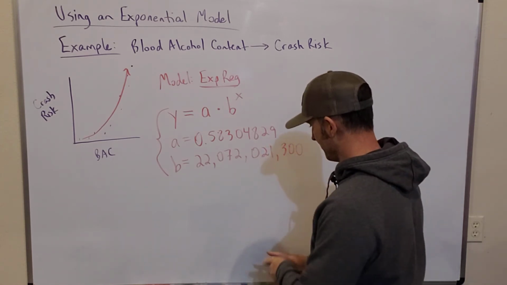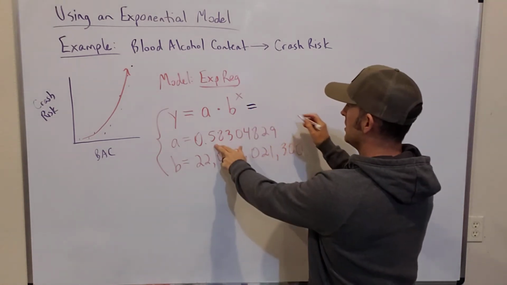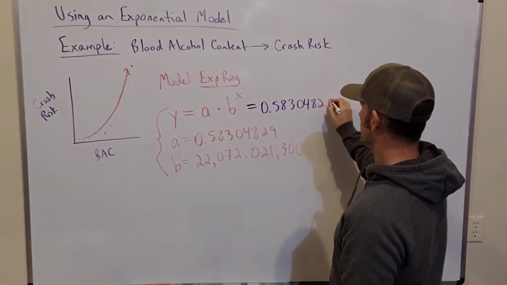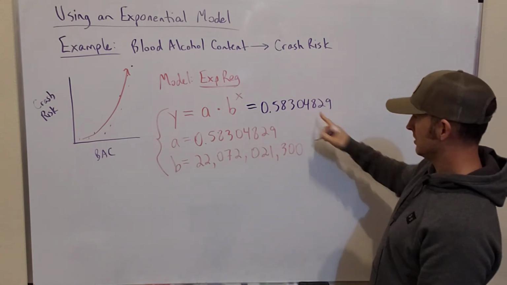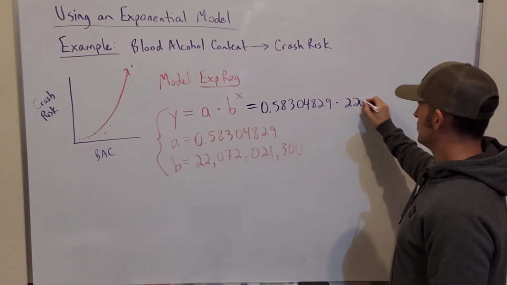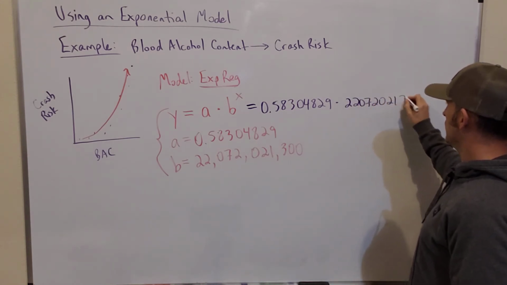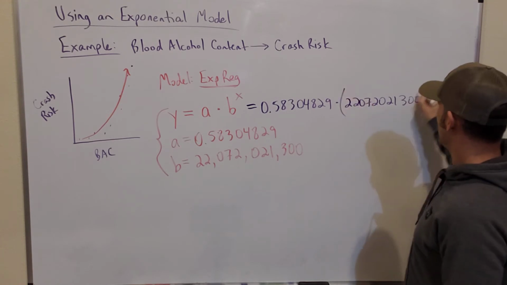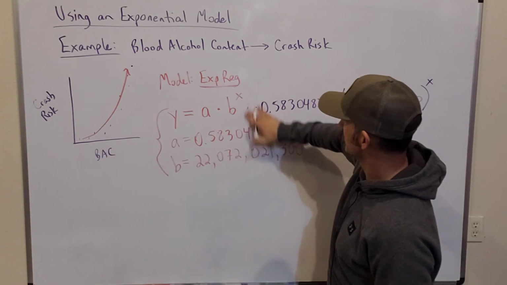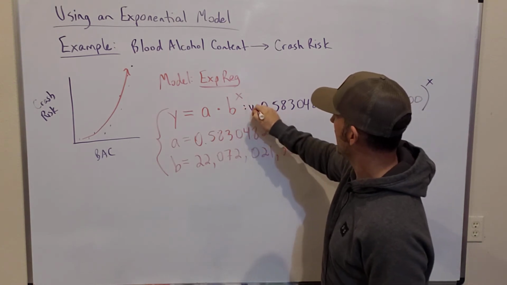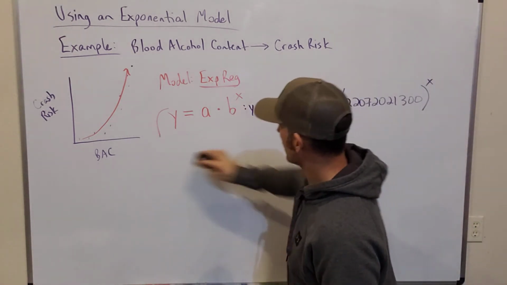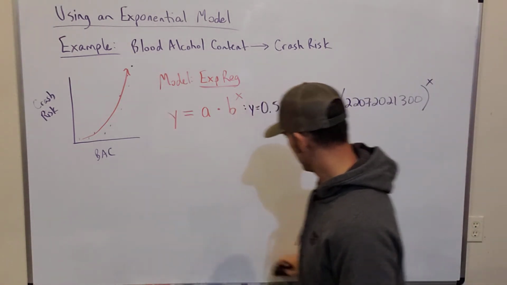That would turn into 0.5830489 times 22072021300, that number to the x power. So y equals this. That's our model. And now I can erase this. If I were writing it on paper, I'd probably write it like that.